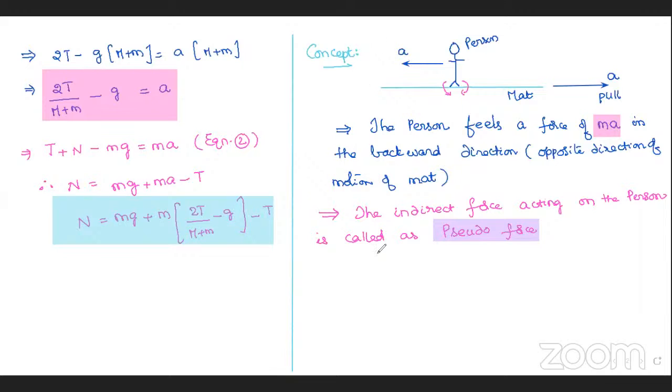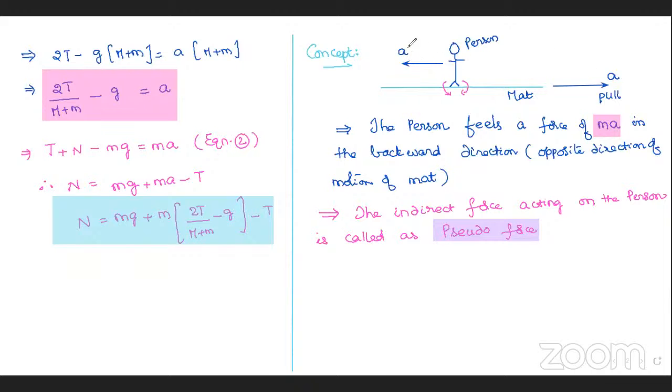Sir, why did you take this much time to explain one small concept of pseudo force? The direction of assuming the pseudo force is very important while solving problems. Number two, not the same force is acting on the person, the same acceleration is acting on the person.